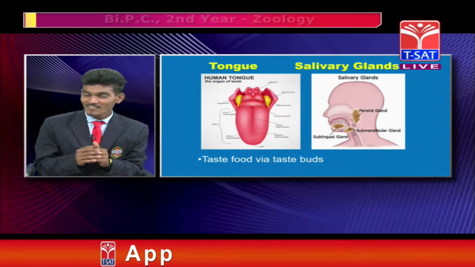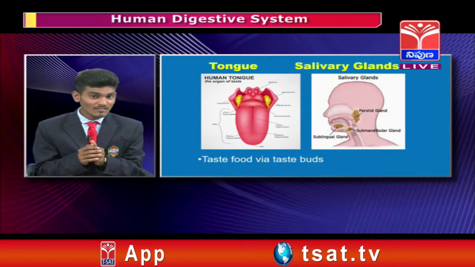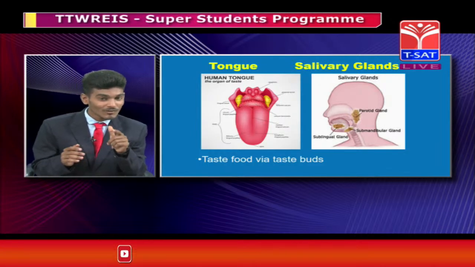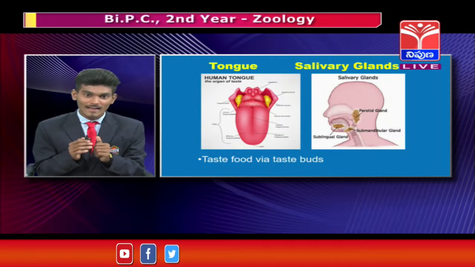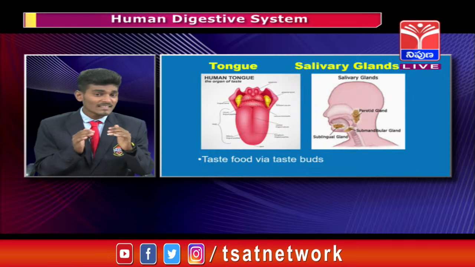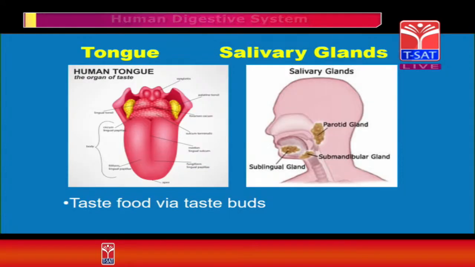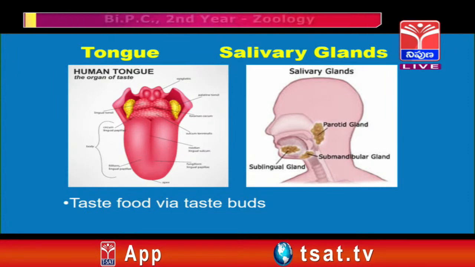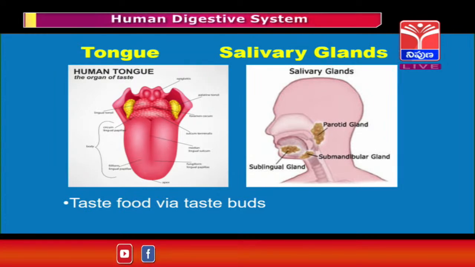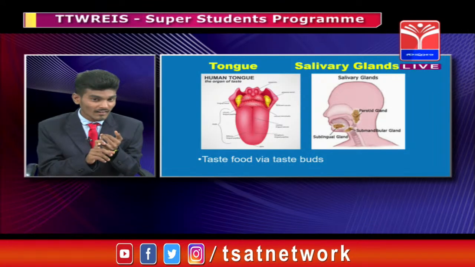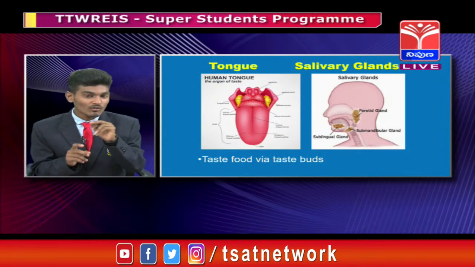Go through the third part in the oral cavity. What is the third part in the oral cavity? Yes, the salivary gland. The salivary gland is present in the oral cavity. It has three parts. They are parotid gland, submandibular gland and the third one, sublingual gland.